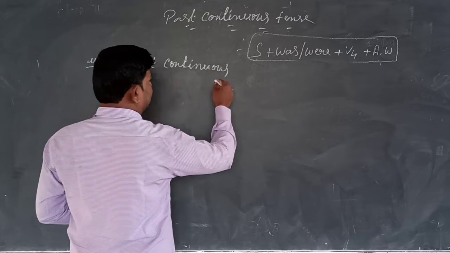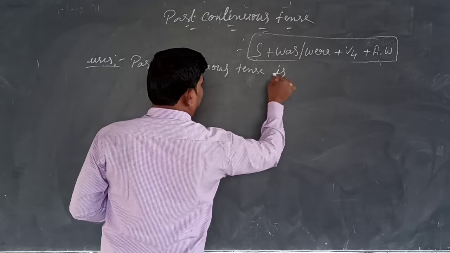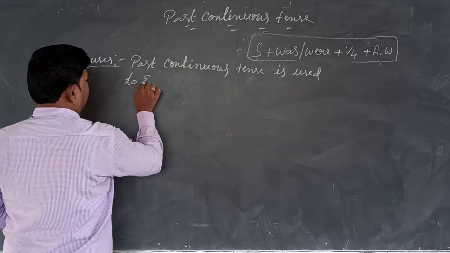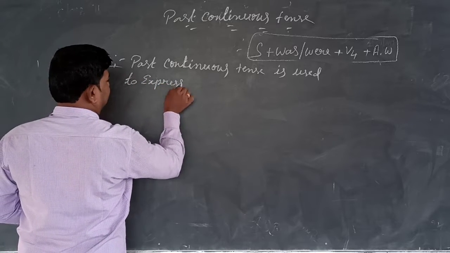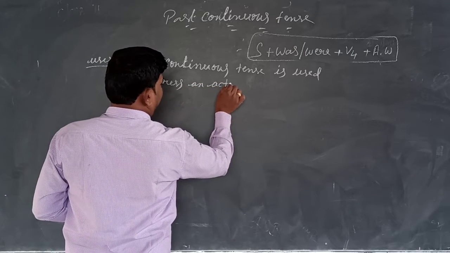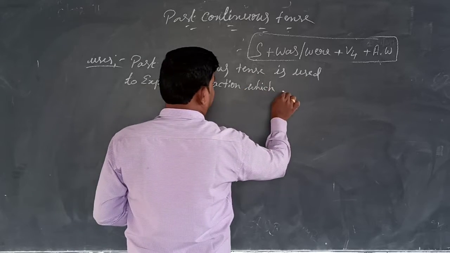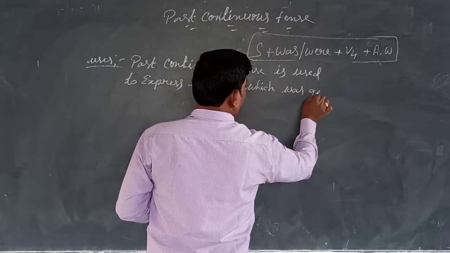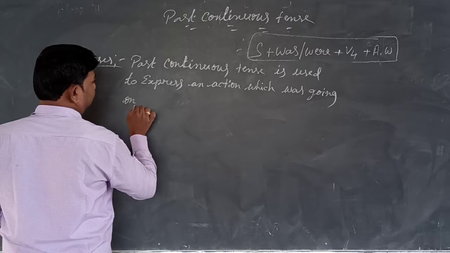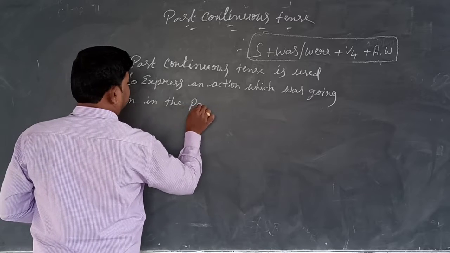Past continuous tense is used to express an action which was going on in the past.